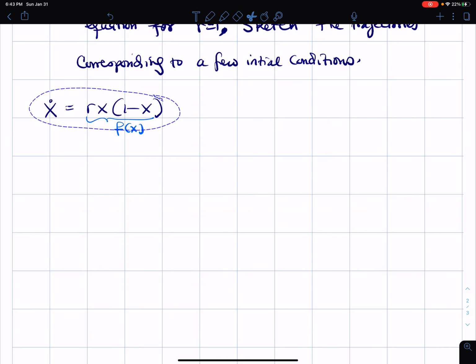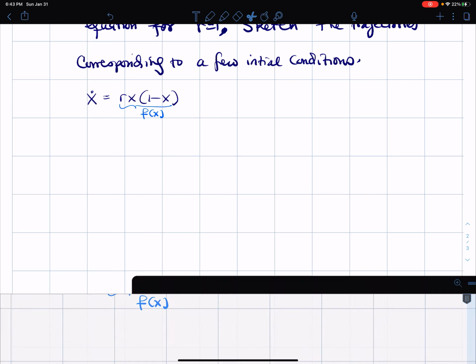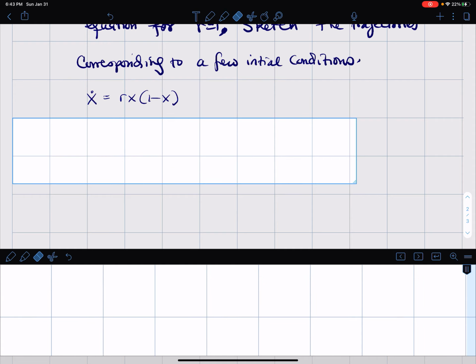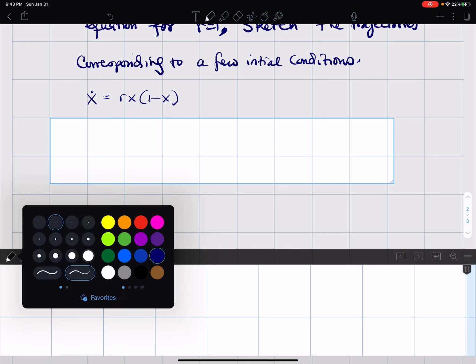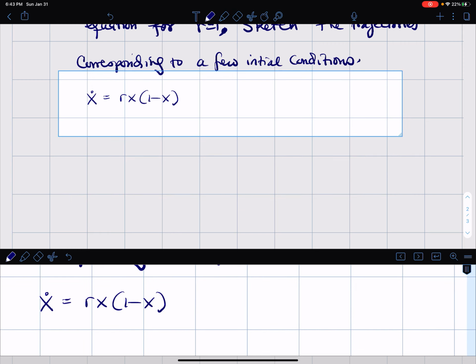All right. So this is what we want to sketch, the phase portrait of this. So what the phase portrait is, is to sketch x against x prime. So we want r equals 1 in this case.